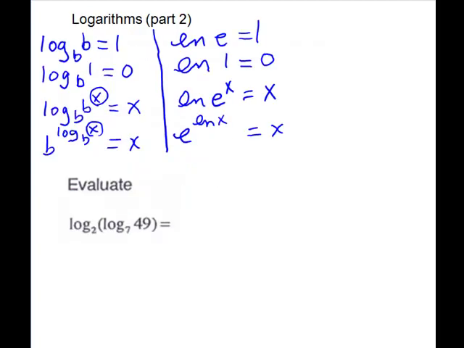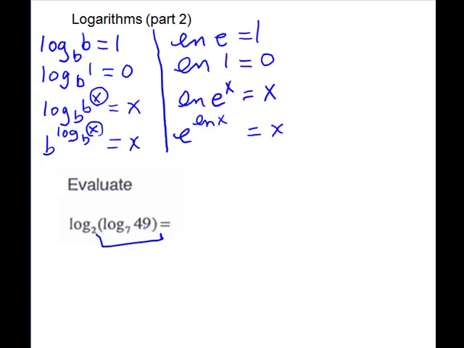Let's try to evaluate a couple of problems using our log properties. So we're going to do the log base 2 of the log base 7 of 49. So we will work from the inside out. First, we will work on the log base 7 of 49.